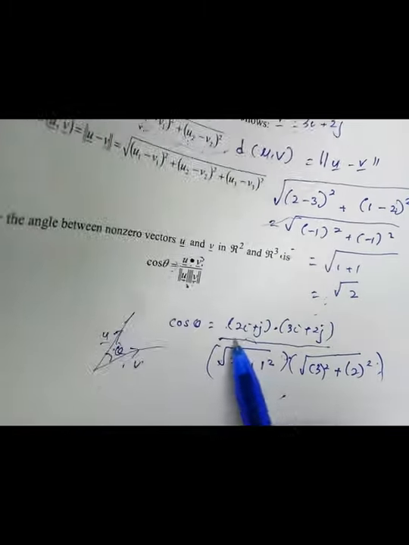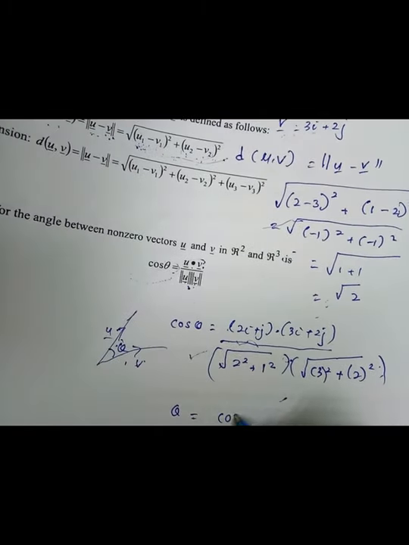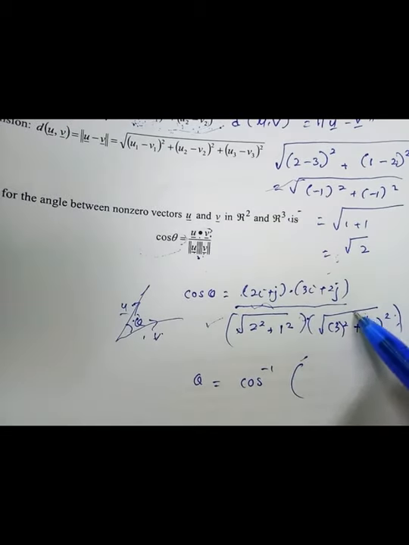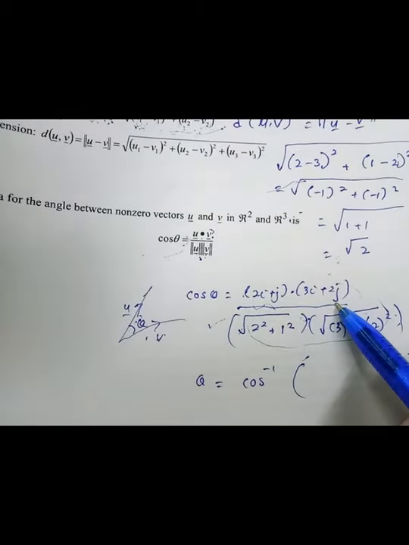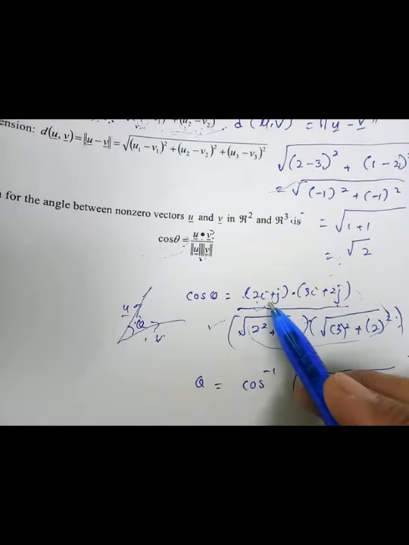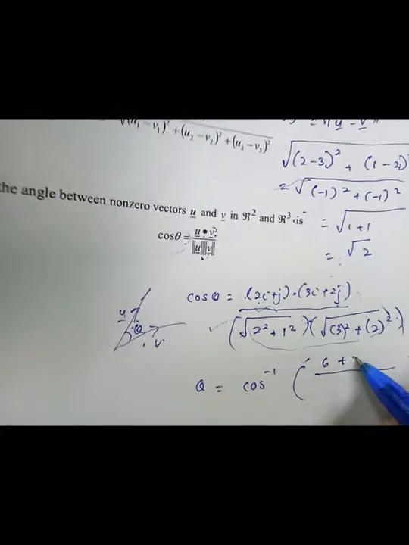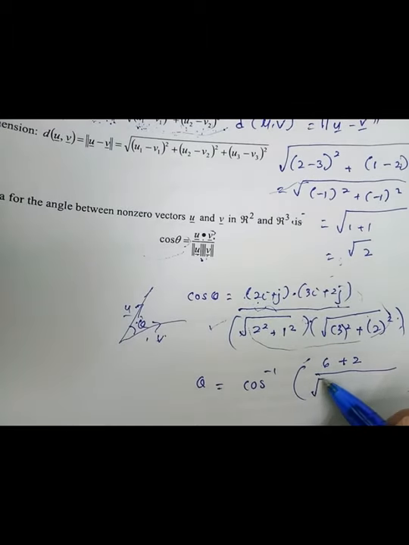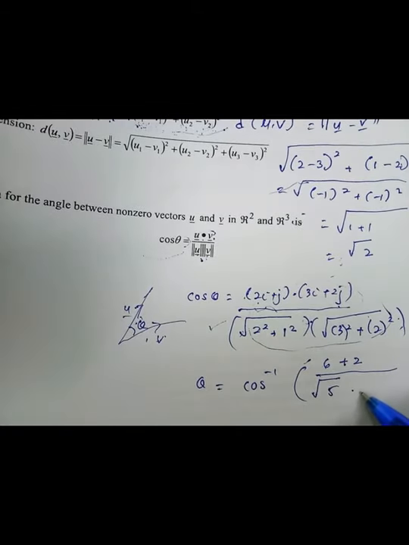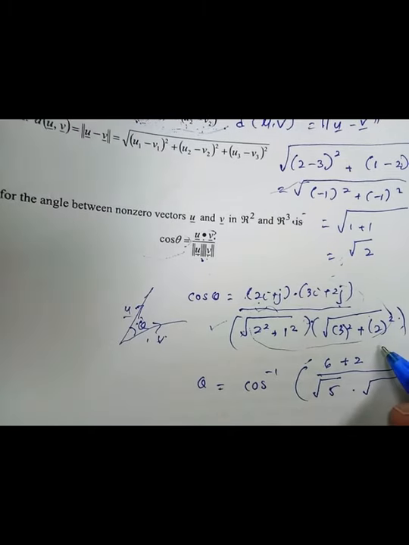So you solve this one. Finally you find theta: the degree will be the inverse cos, using a calculator, of the equation that we obtain here. So this is 6 plus 2, over 4 plus 1 is 5, and here 9 plus 4 is 13.